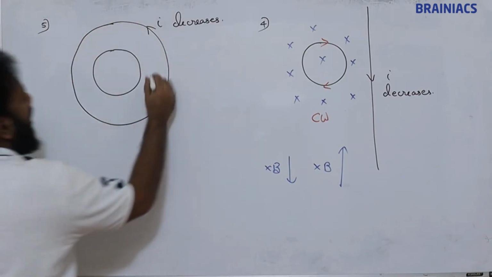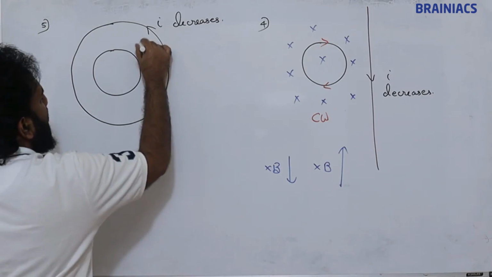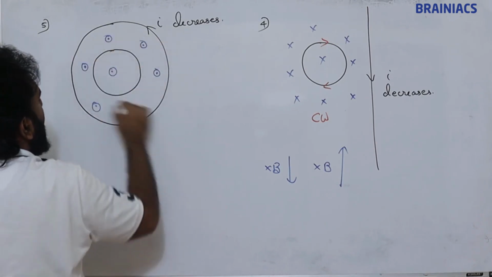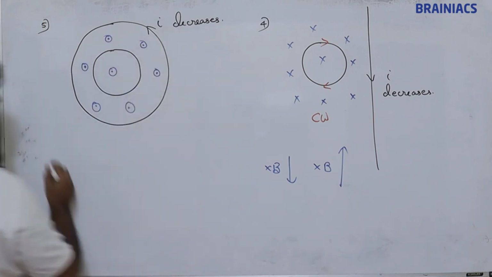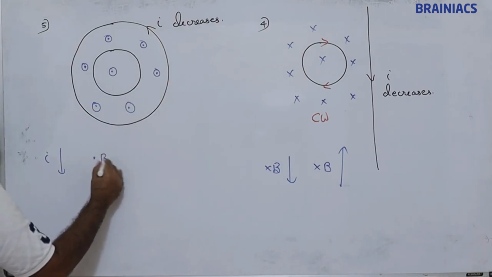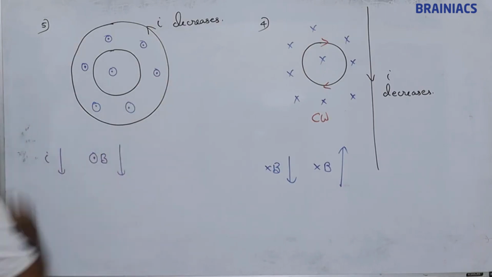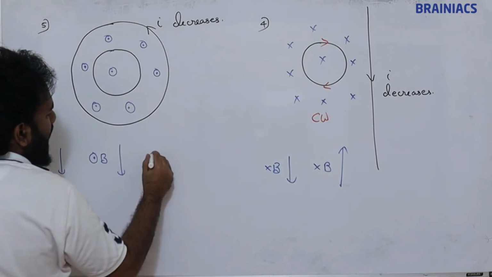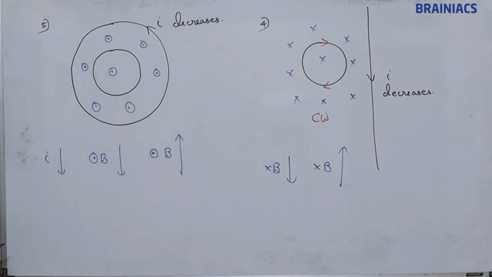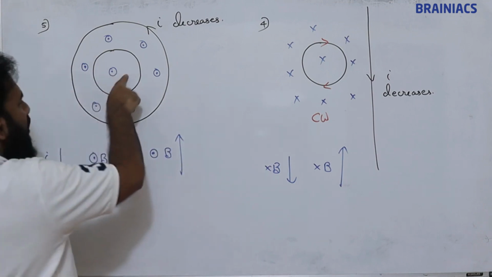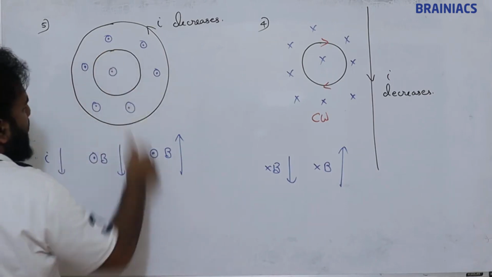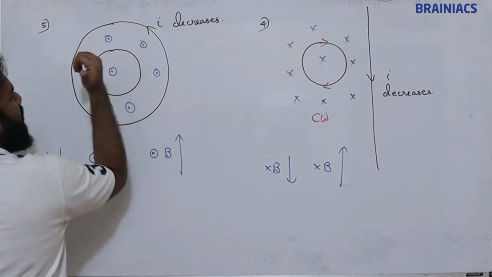So dot, dot, dot. When the current is decreasing, the dot magnetic field is also decreasing. We need to increase the dot magnetic field, the one coming outside.